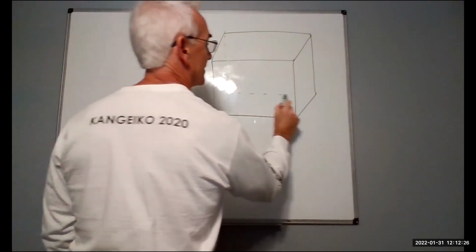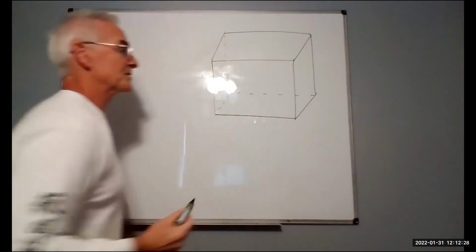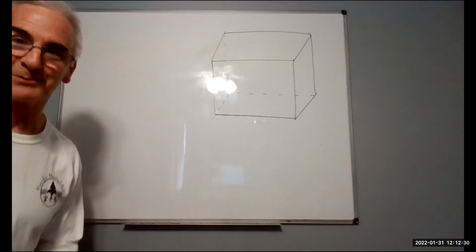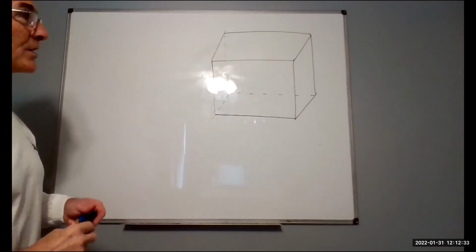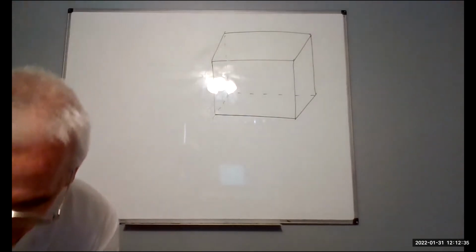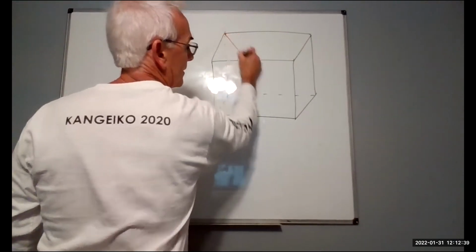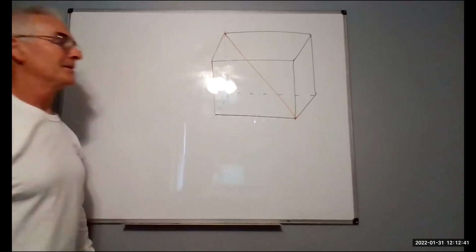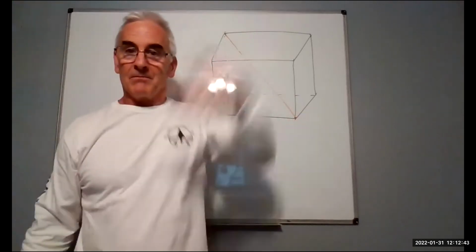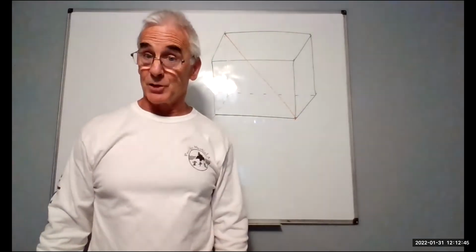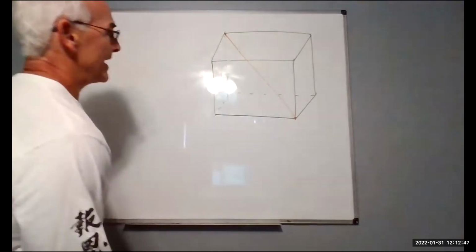Now, this is not a rectangular prism. This is a picture of a rectangular prism. It's still two-dimensional. What I'd like to do is find the distance from that corner to that corner. And that's still a diagonal, but that's a diagonal in 3 dimensions. Oh, so how does that work?